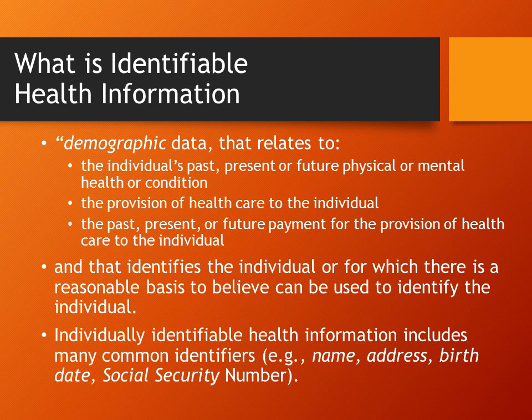And then there is information that identifies the individual, or for which there is a reasonable basis to believe it can be used to identify the individual, such as a room number or initials of their name. And then you have individually identifiable health information, which includes many common identifiers: their name, address, birth date, social security number, and patient record number. There are many examples out there.